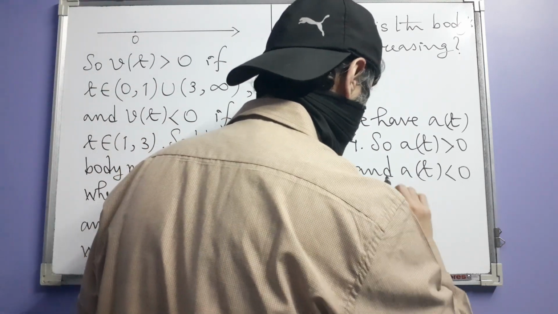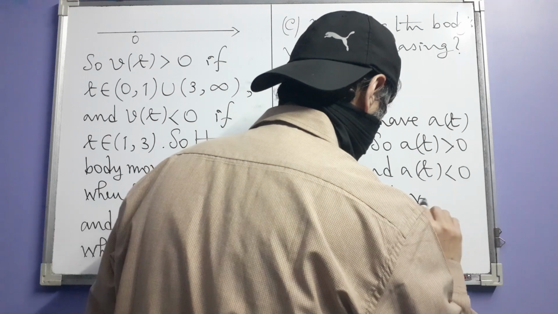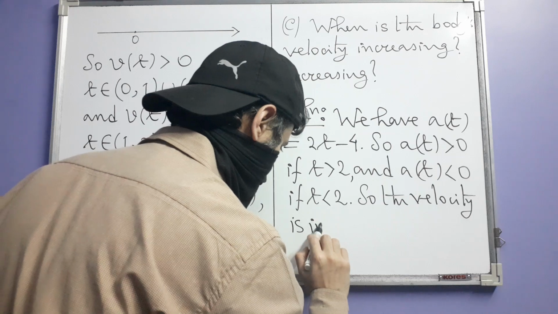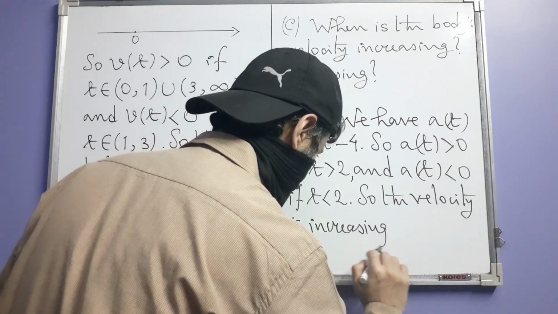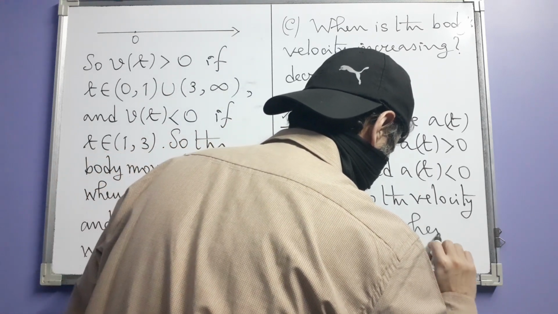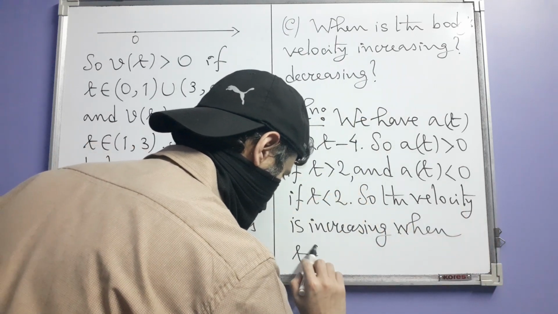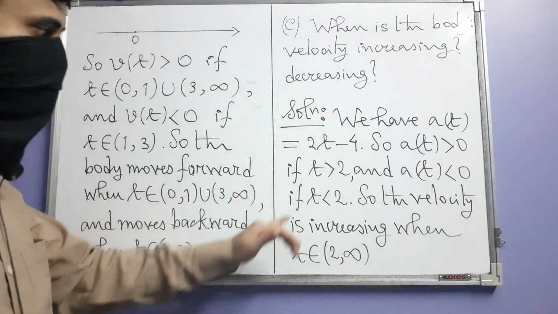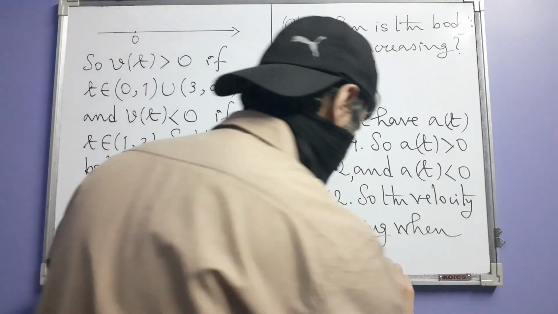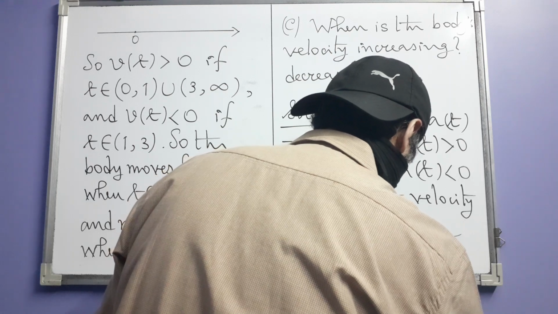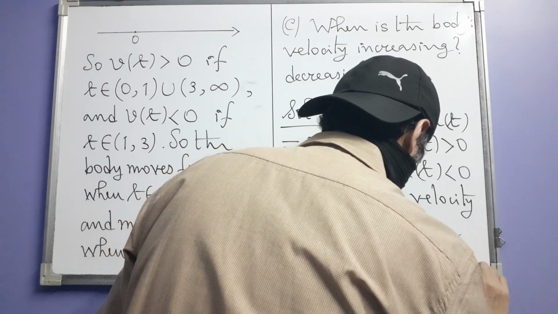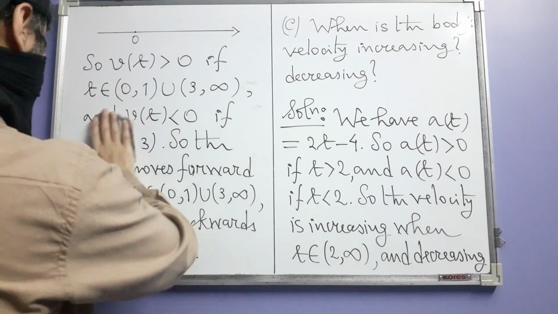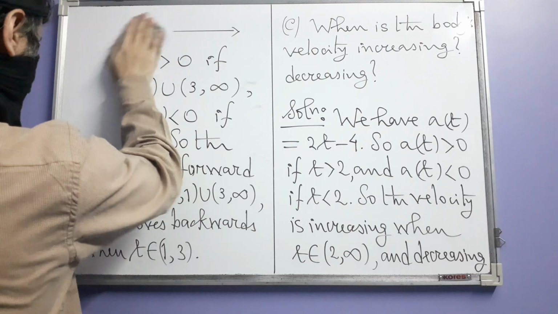So, the velocity is increasing when t belongs to the open interval 2 comma infinity, because of this inequality, and decreasing when t is less than 2, but at the same time t of course has to be greater than 0.